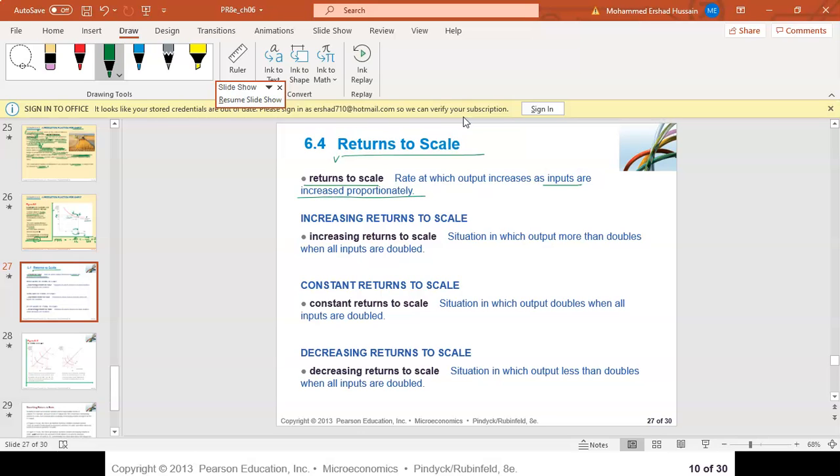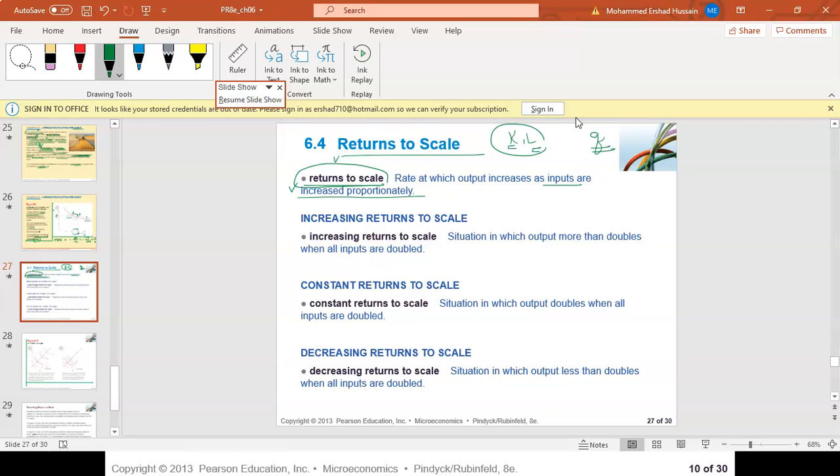So this is what returns to scale will tell us: the rule that governs the change in output relative to the change in input in the long run, when all capital and labor are flexible. Returns to scale tell us how output Q will change when capital and labor both increase by the same proportion.